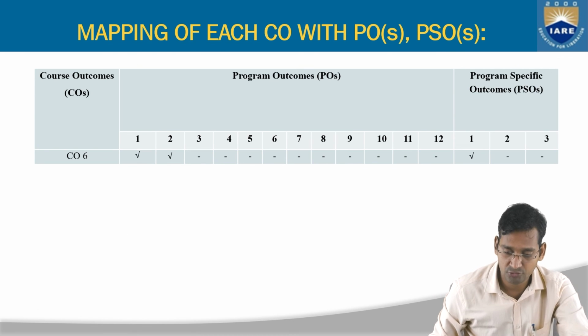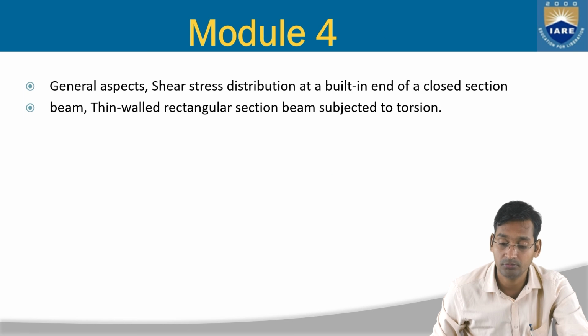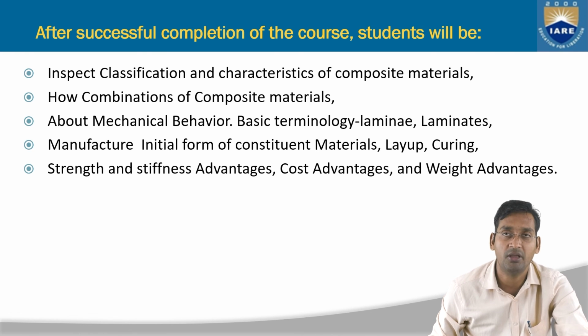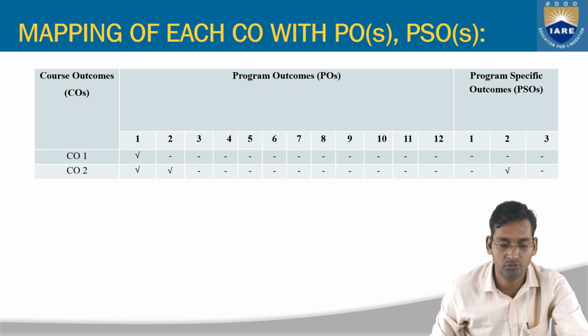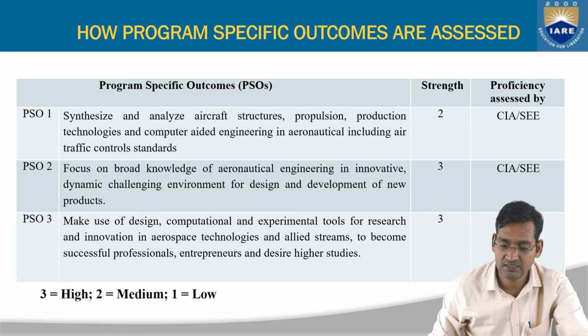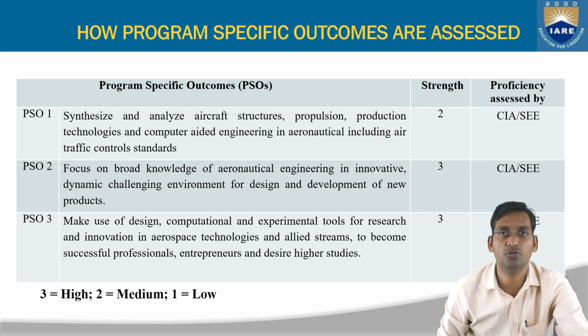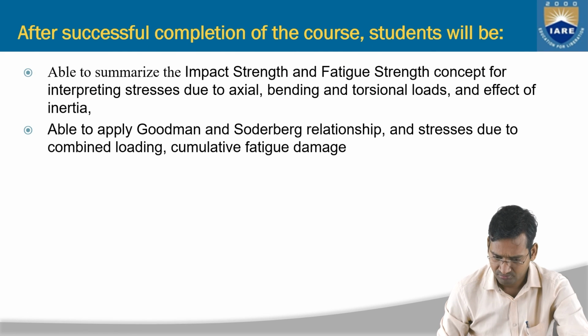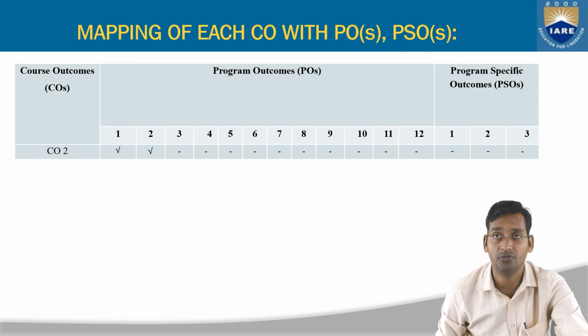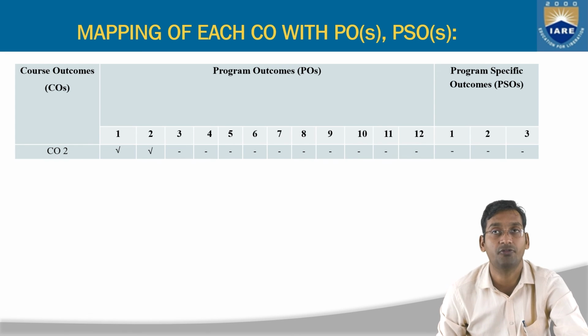So all these modules are mapped according to the COs and POs, keeping in mind that the COs and POs were already discussed in module 1 also. So I already discussed everything about COs and POs, how they are formed, how to map them and all. Based on that only the curriculum moves, and that is the benefit of OBE, that from the starting itself it was in a structured form, right?